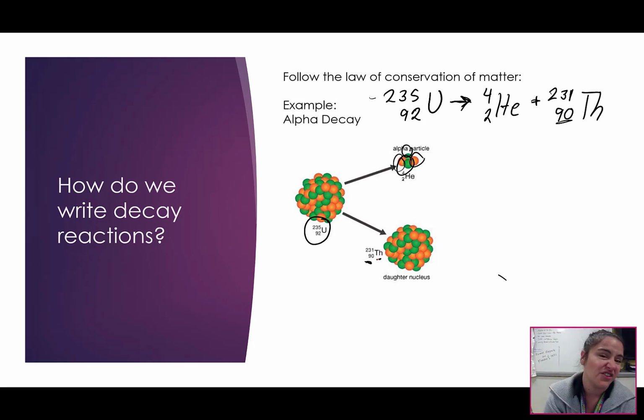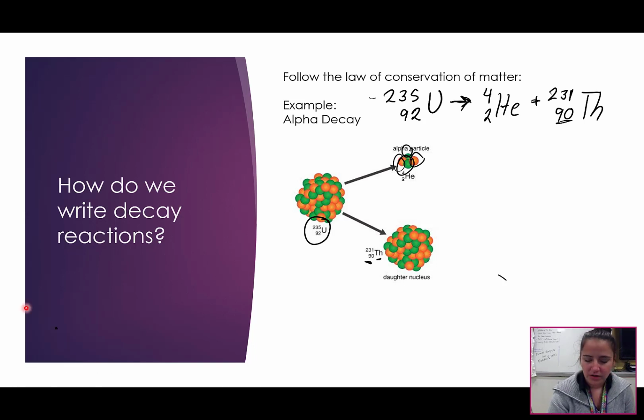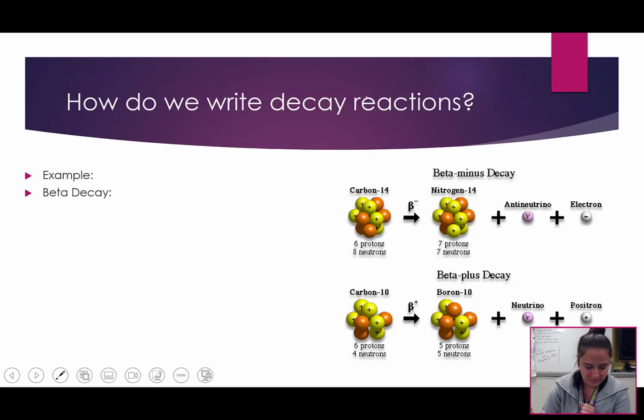If we're looking back at this to understand what's going on, we have 92 equals 2 plus 90. 235 decayed into one particle that had 4 and one particle that had 231, because 231 plus 4 equals 235.